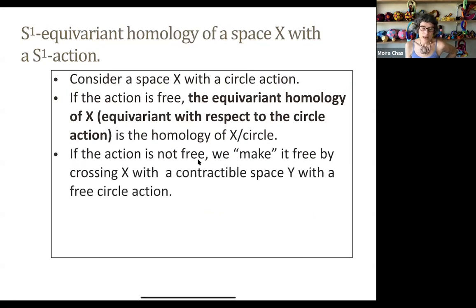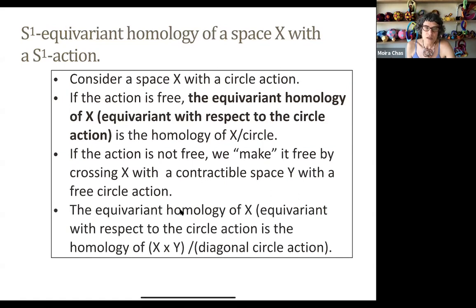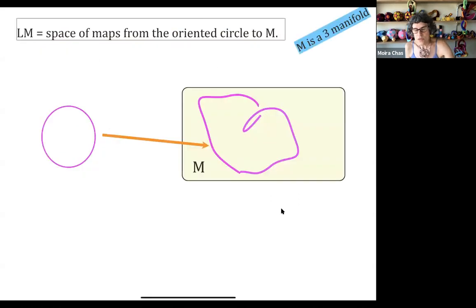So I'm going to make my loop space nice, making my action free by taking the Cartesian product with a space that has a free action, and now I take the quotient, and that's the homology. And if it's easier to think of the loops as points in the common sense way, that's fine.